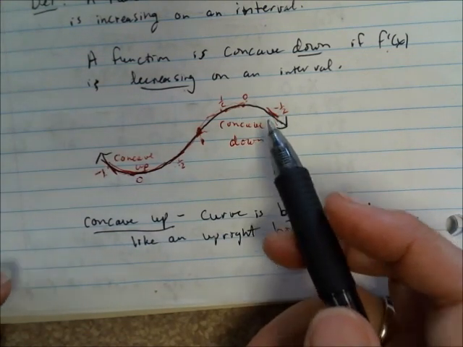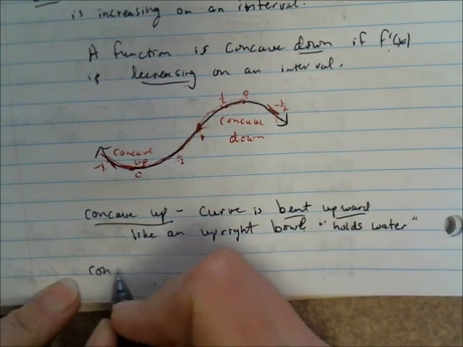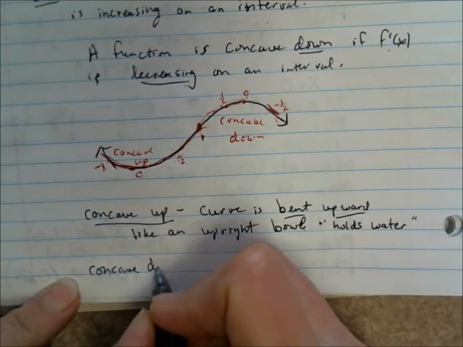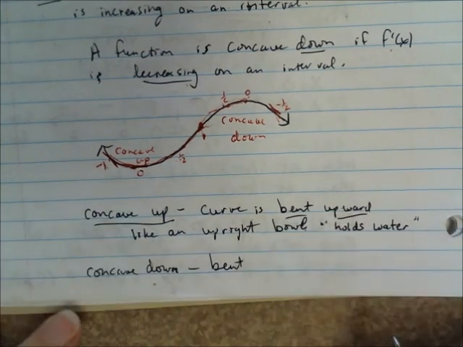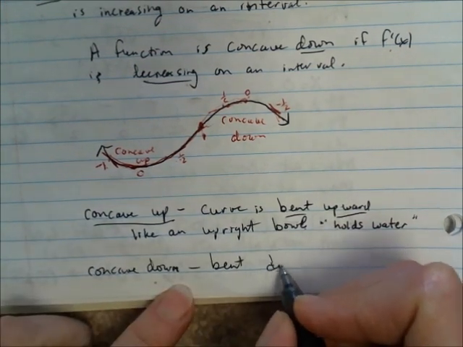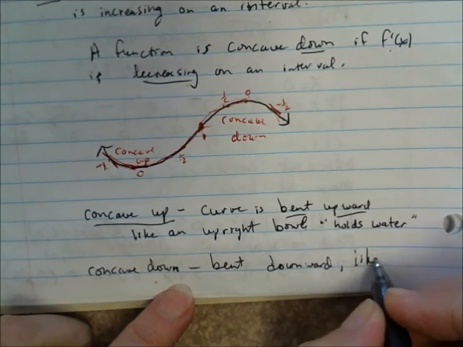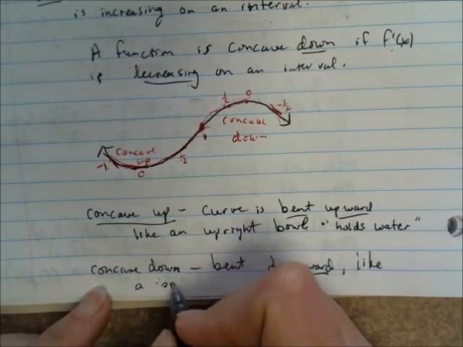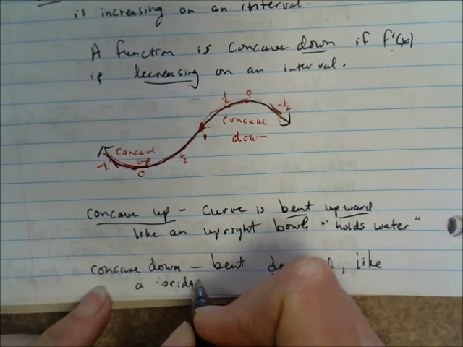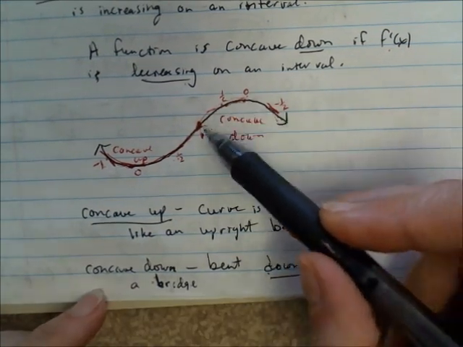But if it's concave down, it's bent downward like a bridge. You can kind of see that this might be a bridge over water, right?